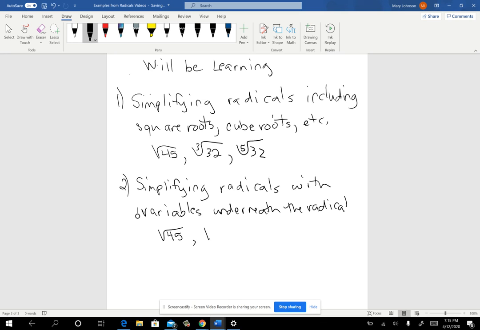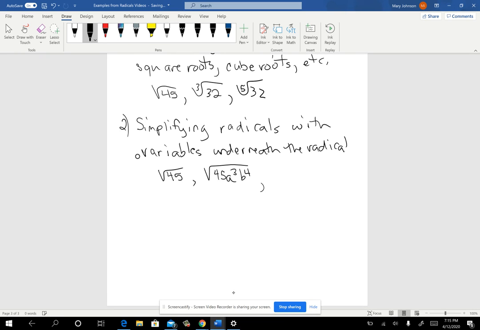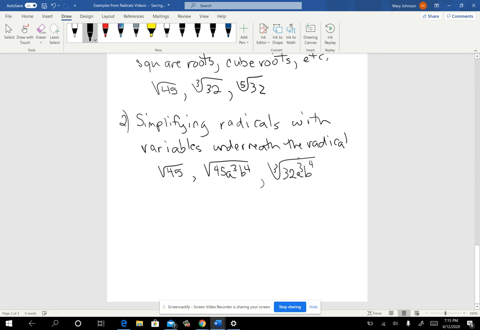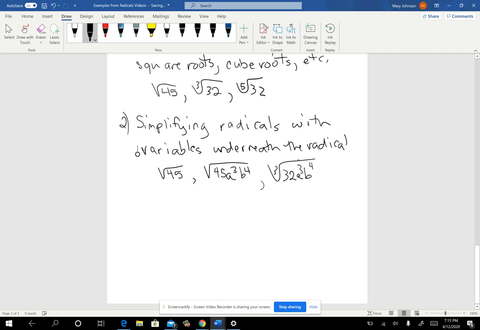We're going to learn, well, what happens if we have something like the square root of 45, a to the third, b to the fourth. Okay, we'll also do it even when there's like a cube root. So you might have something like the cube root of a to the third, b to the fourth. Okay, well, and it works a lot like square roots, and you have a lot of knowledge that you can build on there.